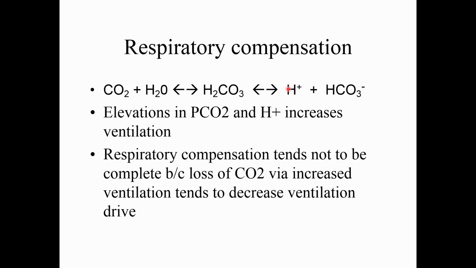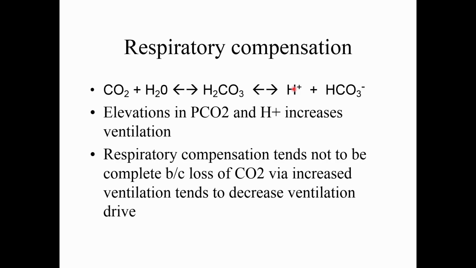That stimulates ventilation, and we blow off CO2, which brings this reaction to the left. So we convert our hydrogen ion into carbonic acid, then carbonic anhydrase helps us get that into CO2. We blow that off, and we help with our pH problem.